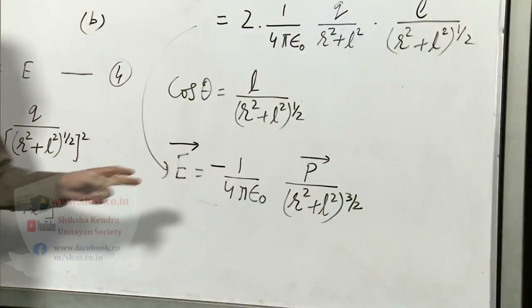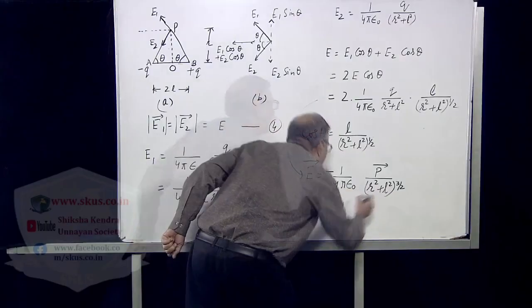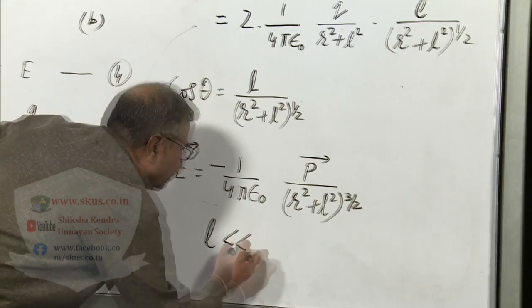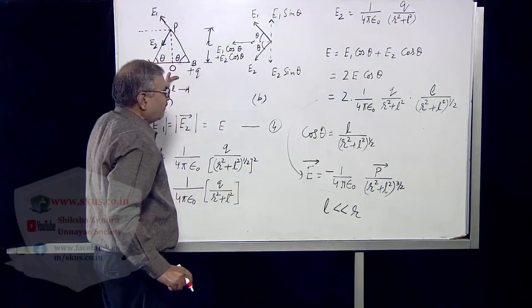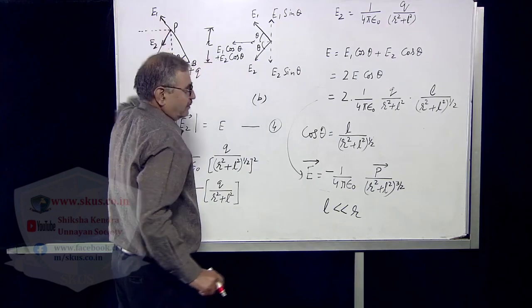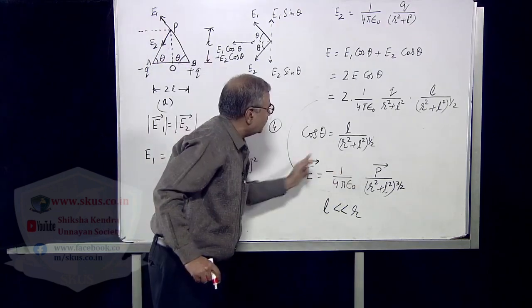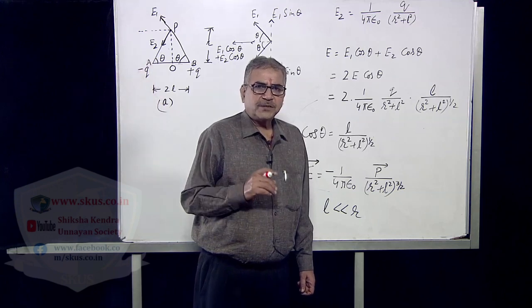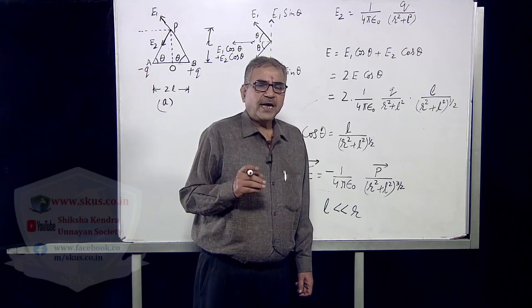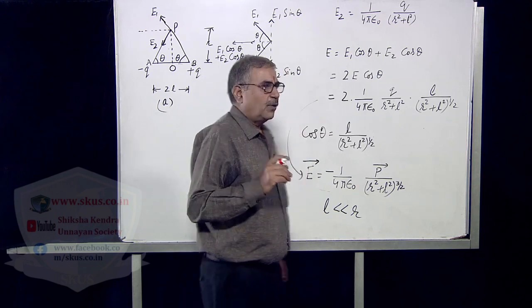Now let us take the special case when L is very much less than r. We already know that the separation between the two charges is very small as compared to this distance r. So what will happen to this equation? Let us find out the expression for the electric field when L is very small as compared to r.